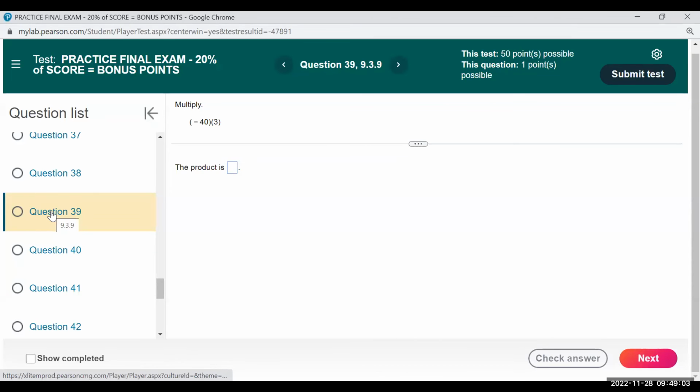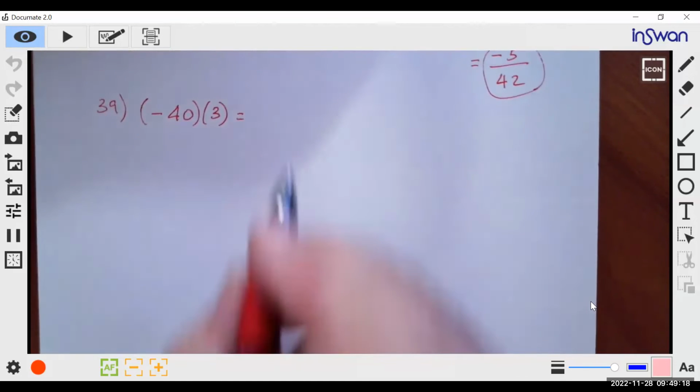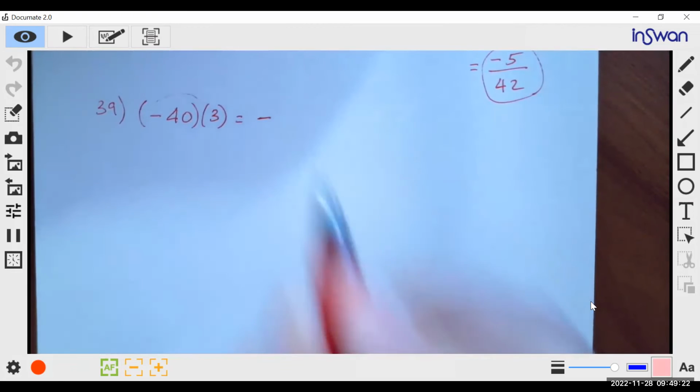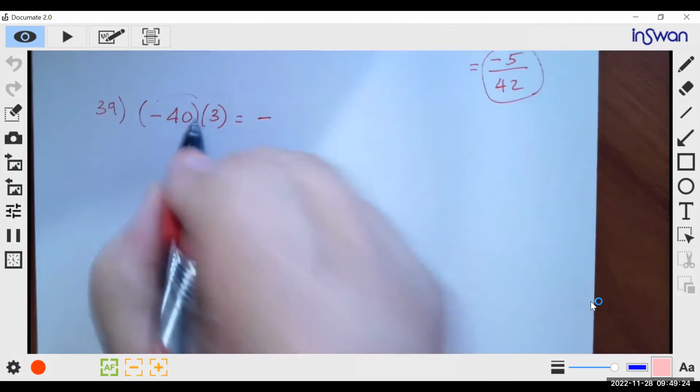Multiply. Negative 40 times positive 3. Negative times positive is negative. 40 times 3.